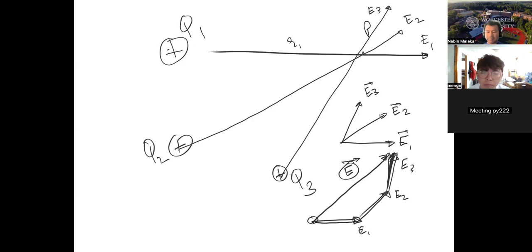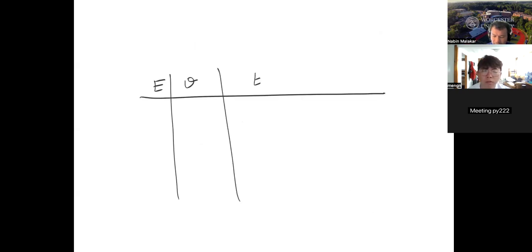So this can be done two ways. Again, this can be done graphically like this, or you can take the table where you have E, theta, E cosine theta, and E sine theta.